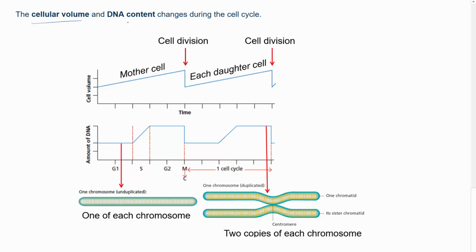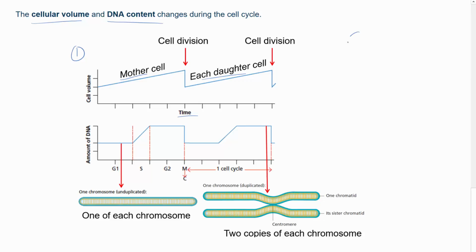Both the volume of a cell and the amount of DNA in a cell changes during the cell cycle. This first graph shows how the volume of a cell changes over time during the cell cycle, and it refers to a mother cell and a daughter cell.